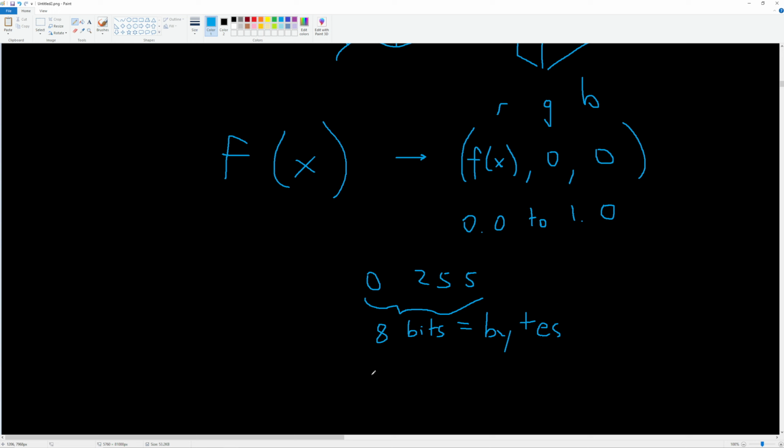It's because 2 to the 8th power is 256, and because we're including 0, from 0 to 255 that's a total of 256 values. So 1 byte can store a value from 0 to 255. So color was often being stored with 3 bytes. But anyway, we might have this 0 to 1.0 value.